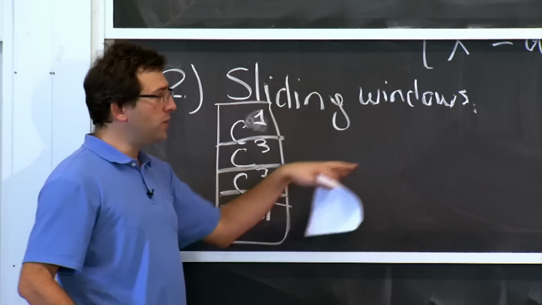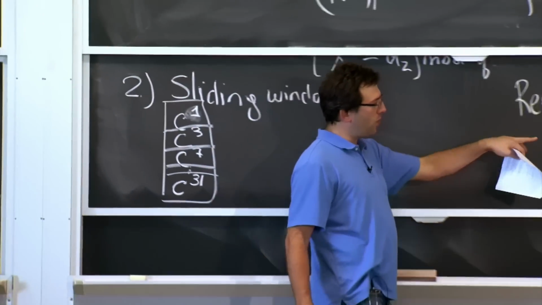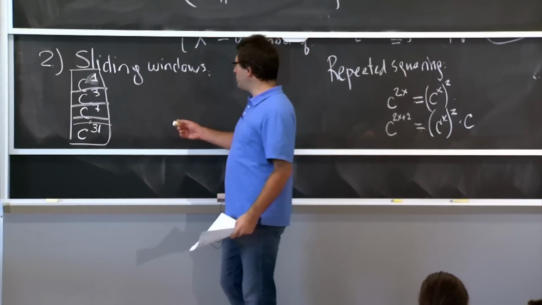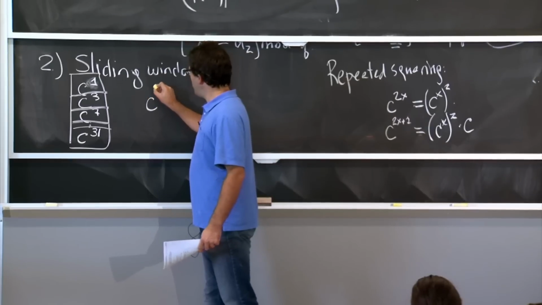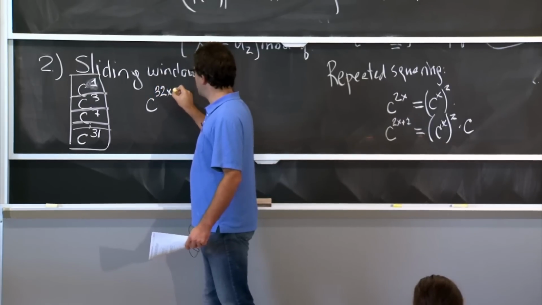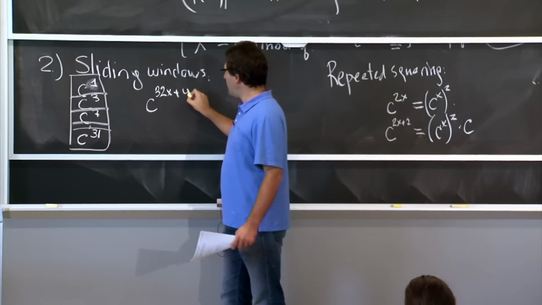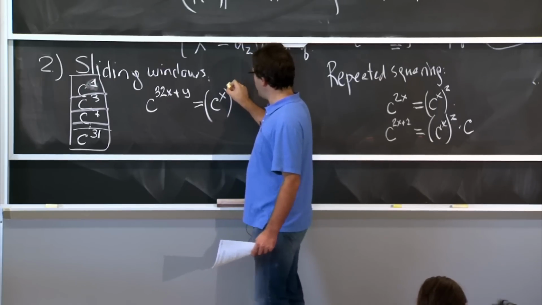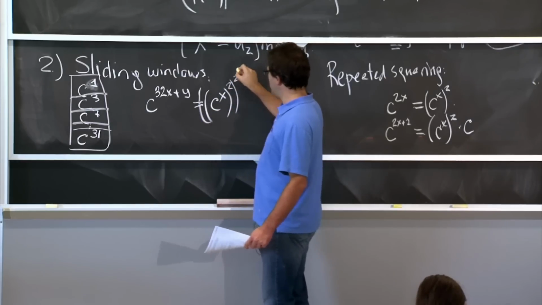Then when you want to do this exponentiation, instead of doing the repeated squaring and multiplying by this c every time, you're going to use a different formula. If you have c to the 32x plus some y, you can do c to the x, and you can do repeated squaring, very much like before.